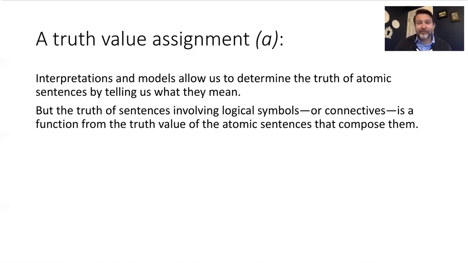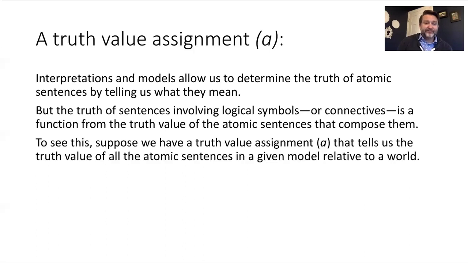It isn't simply given to us by an interpretation or model, right? So we can see this by supposing that we have a truth value assignment. I'm going to call it alpha for assignment, that tells us the truth value of all the atomic sentences in a given model relative to a world, right?